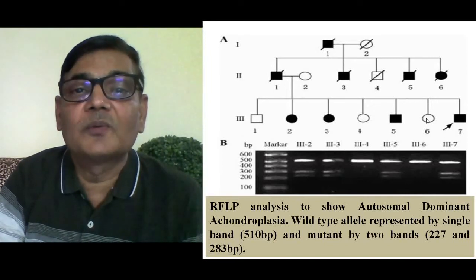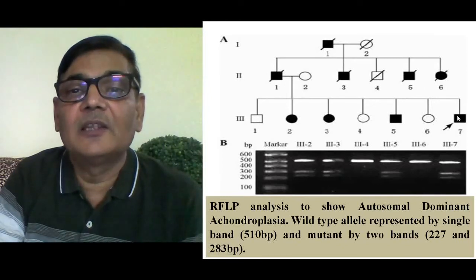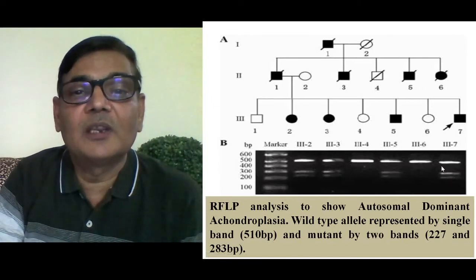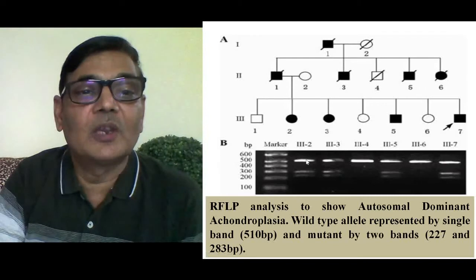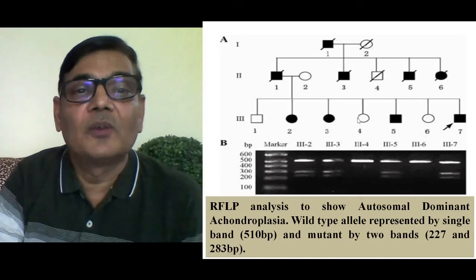And here this fellow, the sixth one of the third generation, is normal. Here also a single band is visible, and the other two bands are totally lacking, and this dwarf individual also shows three bands. So it is a very clear study in which you can see the heterozygosity present in the achondroplastic persons, whereas total normal homozygosity is there in a normal individual.